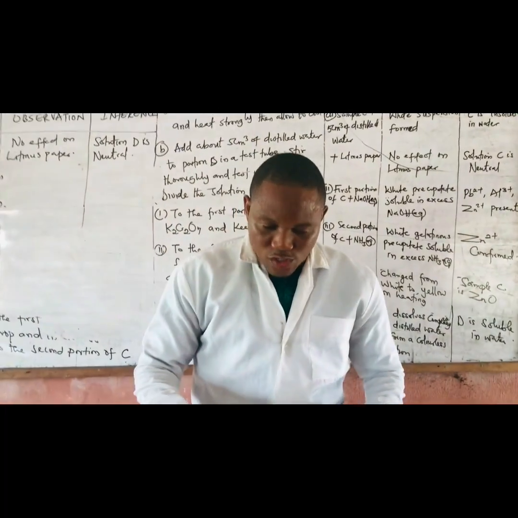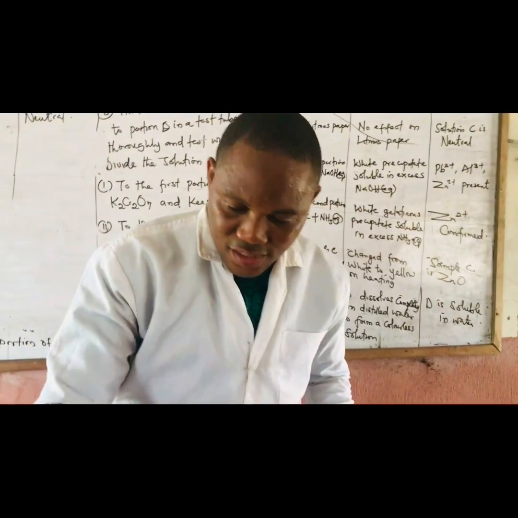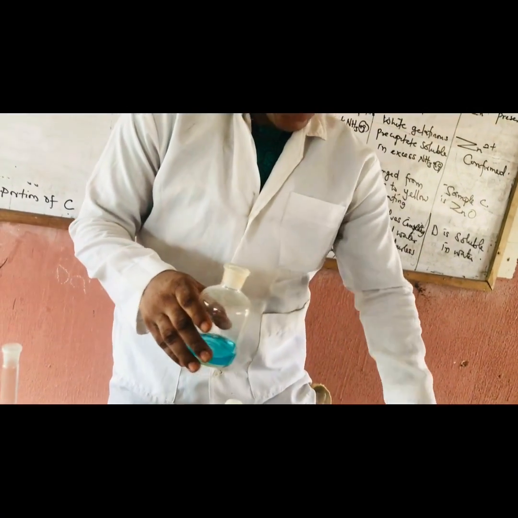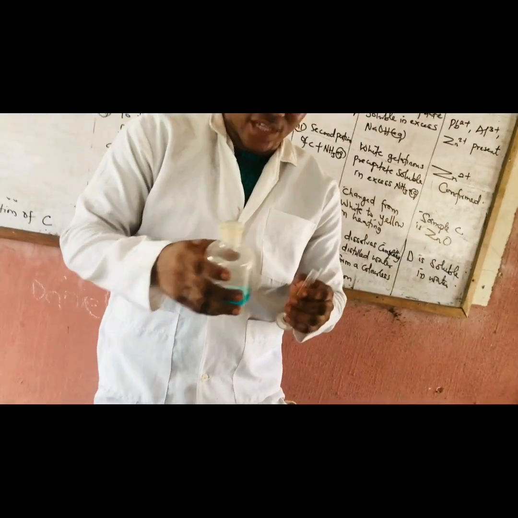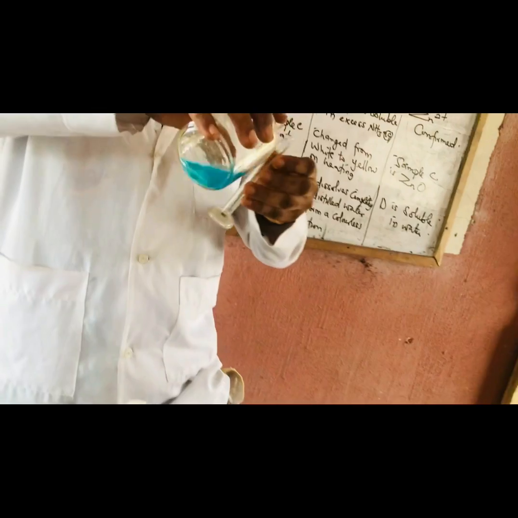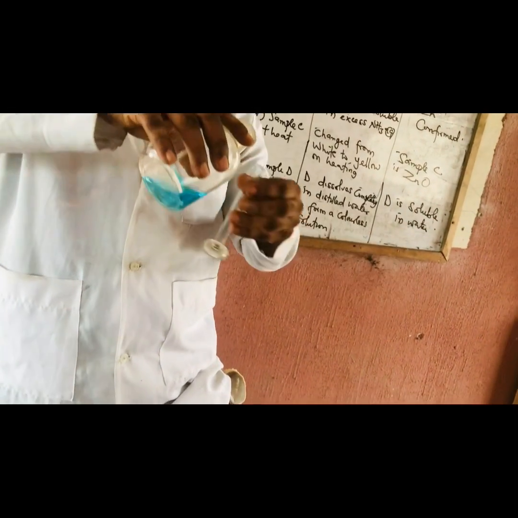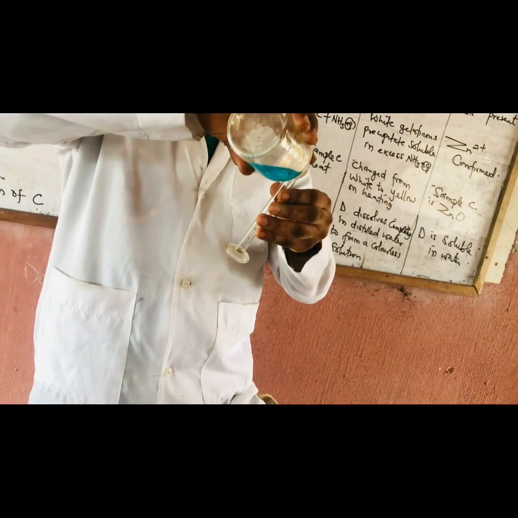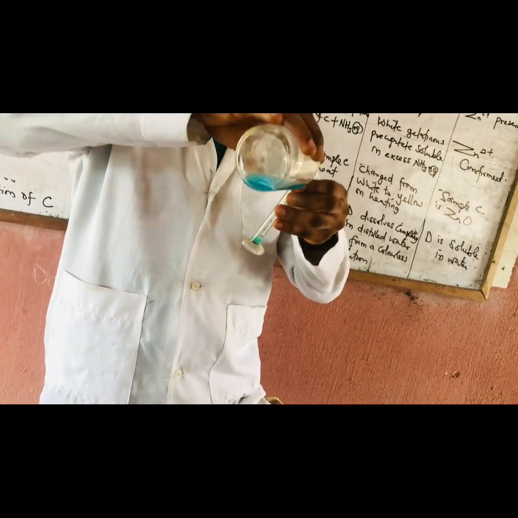Okay, Fehling's solution A and B. So this is my Fehling's solution A and B. So I'm using 1 cubic centimeter of them. So this Fehling's solution A, I'll measure just 1 cubic centimeter. That's why I'm using my measuring cylinder here.